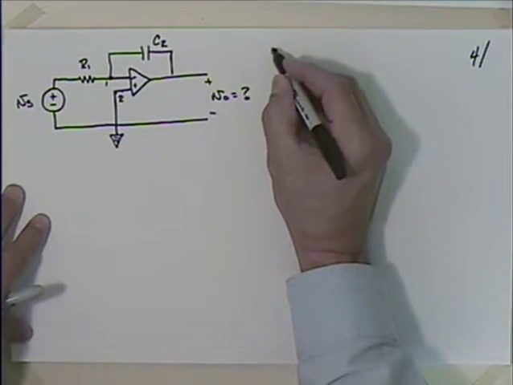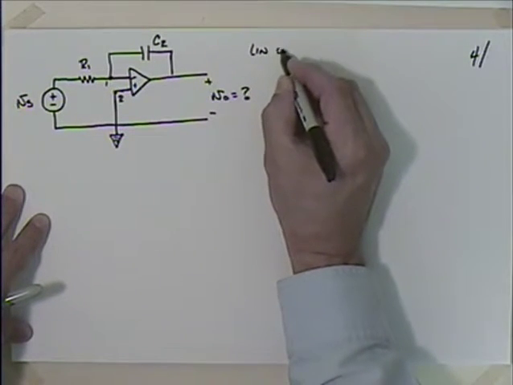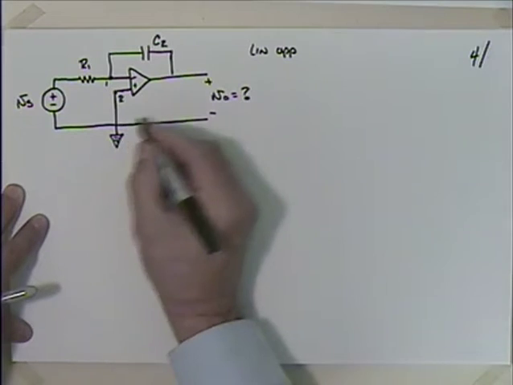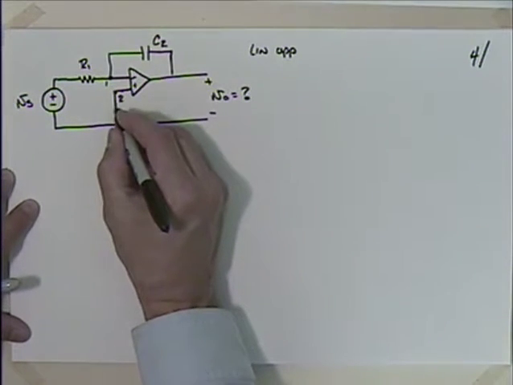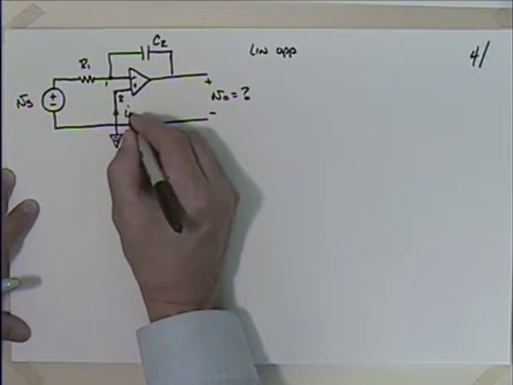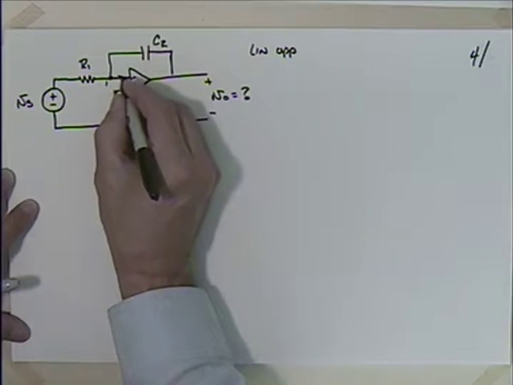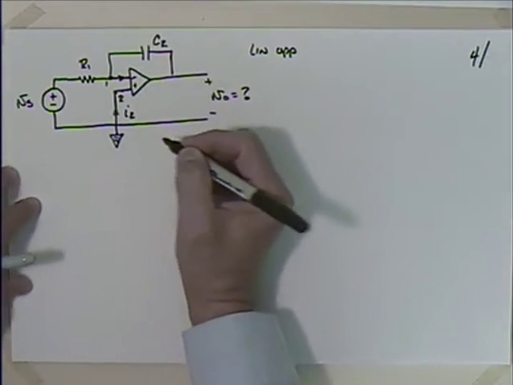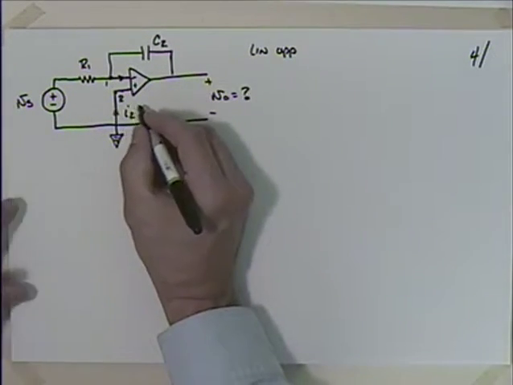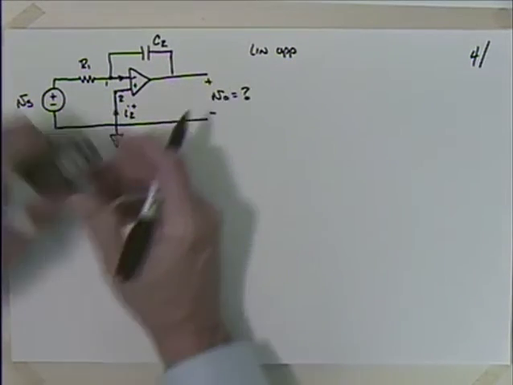So again, I'm going to assume linear operation. And maybe this one I'll be a little more careful on my characters here. I'm going to say that this is I2, and I'll say that this is, no, I wasn't careful enough. This should be I positive, not I2.